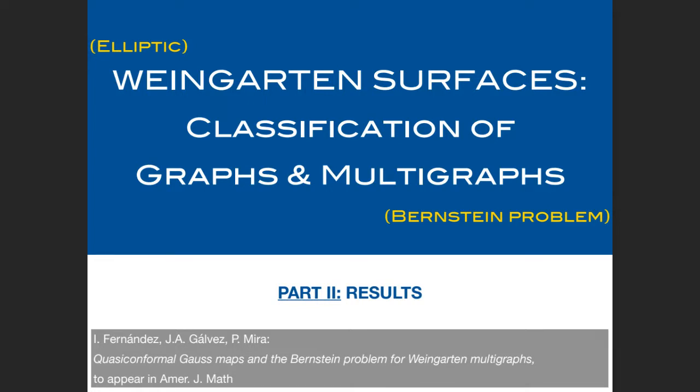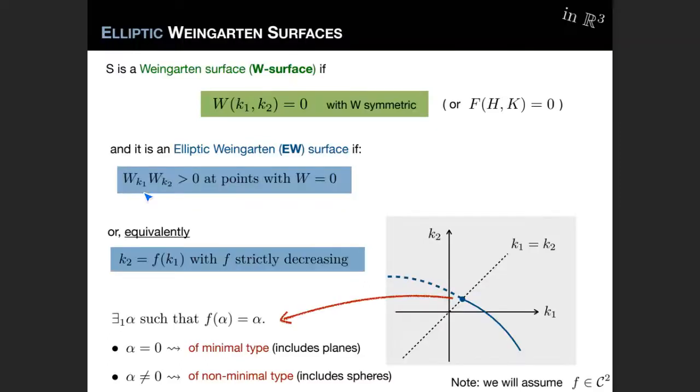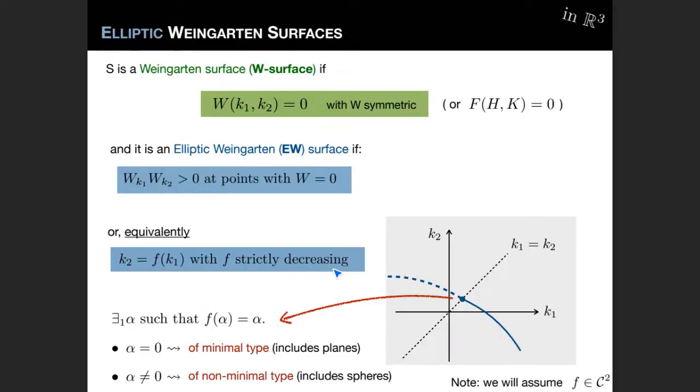So let me recall the basic definitions. We are dealing with elliptic Weingarten surfaces. These are surfaces with a relation between the principal curvatures that is of elliptic type. This means this condition here. But the way in which we are going to rewrite this condition is this one here.